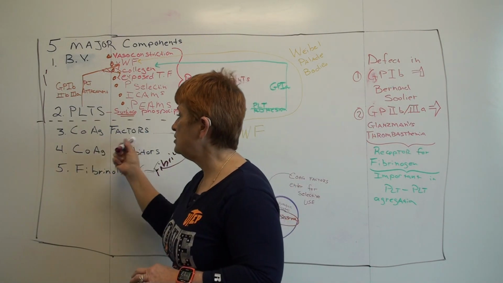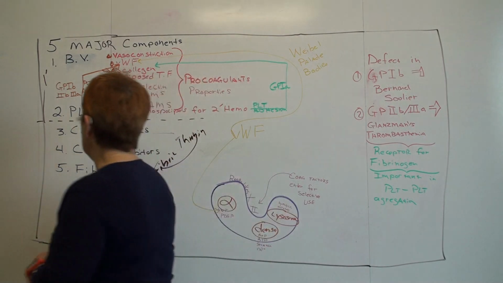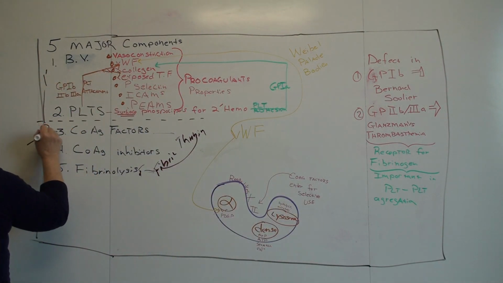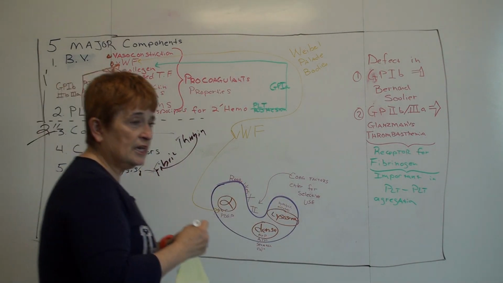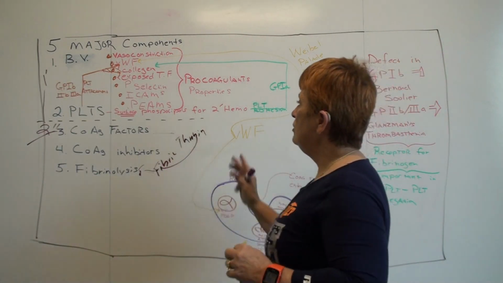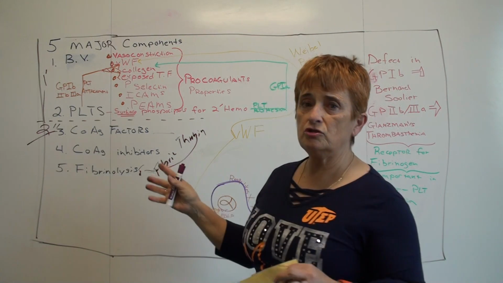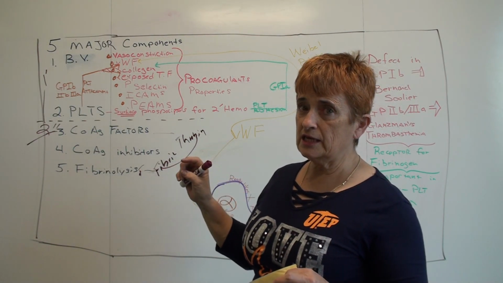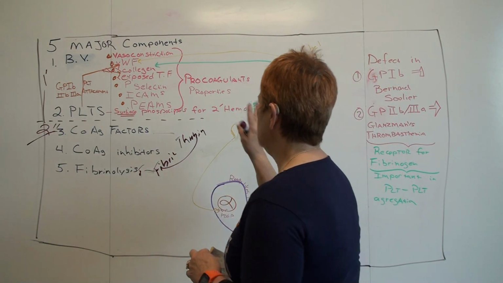So your coagulation factors, all of this is going to be your secondary hemostasis. All right, so we went over a lot of that in the first 2 lectures and in your PowerPoint about platelets.